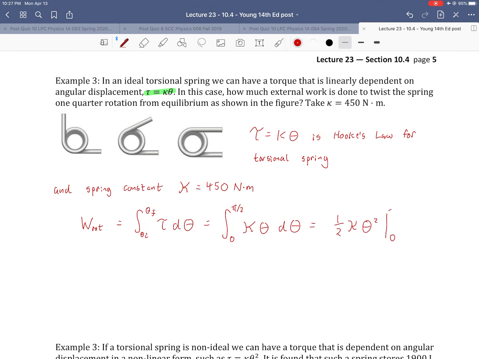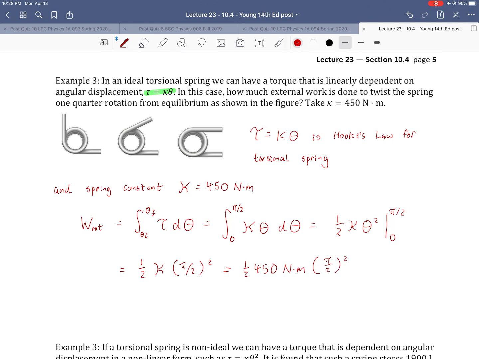So it's from 0 to pi over 2. That means in this particular case, the work done is just one half kappa times pi over 2 squared. Plug in some numbers: one half times 450 Newton meters times pi over 2 squared.